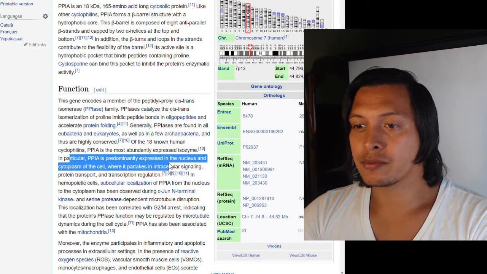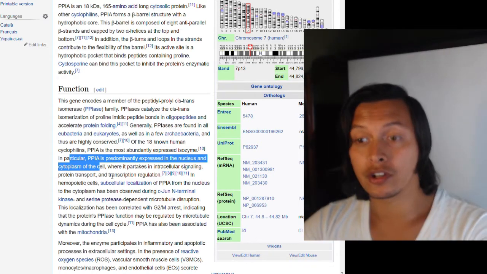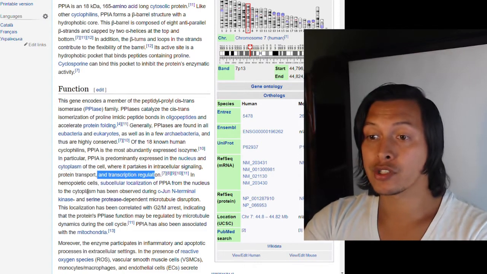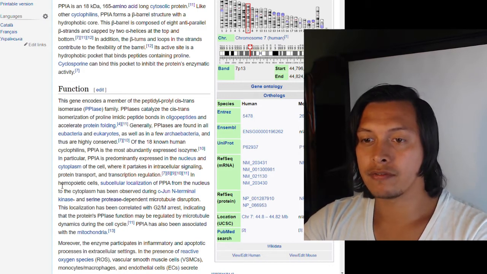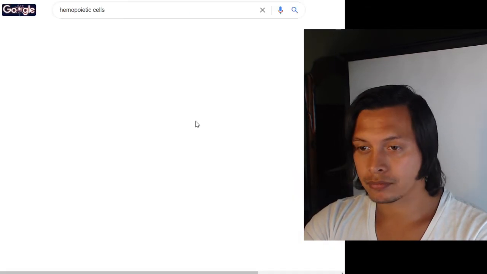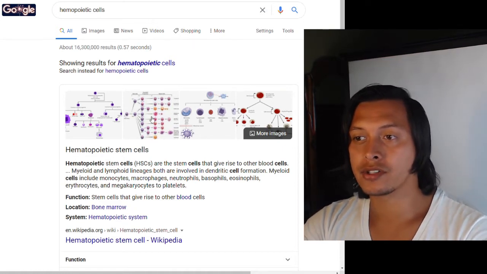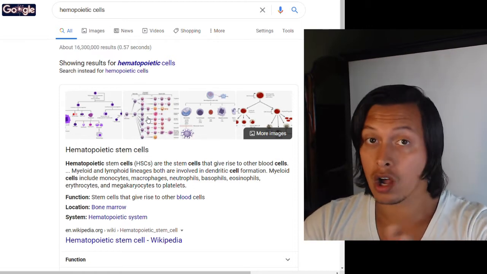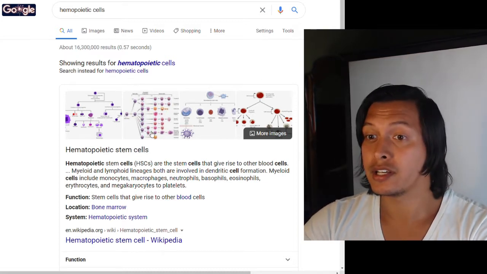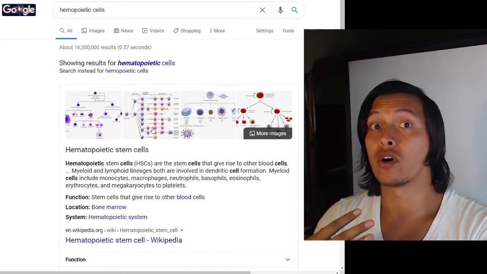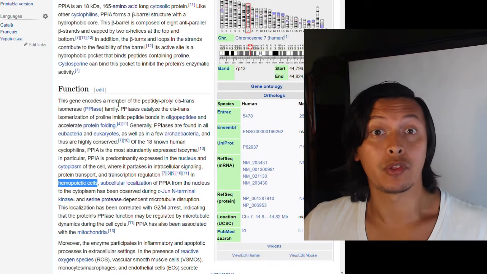In particular, this is predominantly expressed in the nucleus and cytoplasm of cells, where it partakes in intracellular signaling, protein transport, and transcription regulation. And in hematopoietic cells, these are the stem cells that turn into all of your blood cells, which, when you get bone marrow transplants, are the types of cells that are necessary for successful bone marrow transplants to help restore people's ability to produce healthy blood.